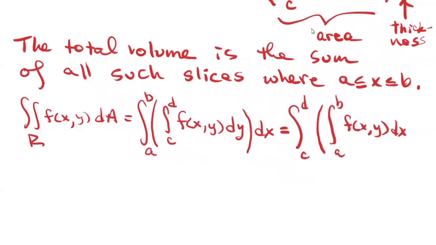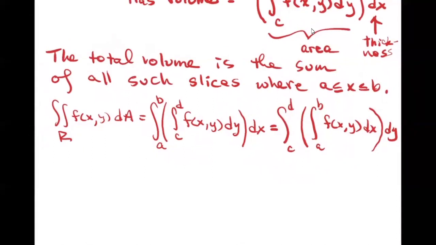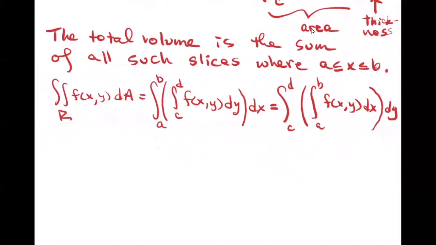So I'll do dx there, close the parentheses, and say dy on the outside. And so it starts as a double integral, and it's just saying you can nest two single integrals. So these are two regular integrals nested.